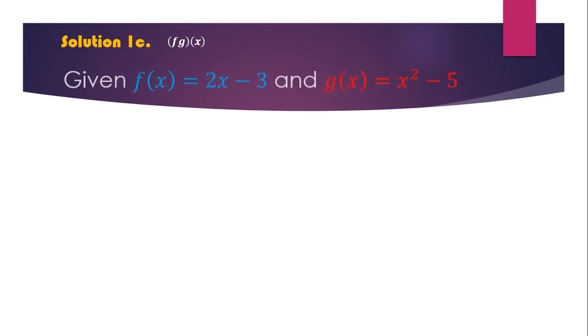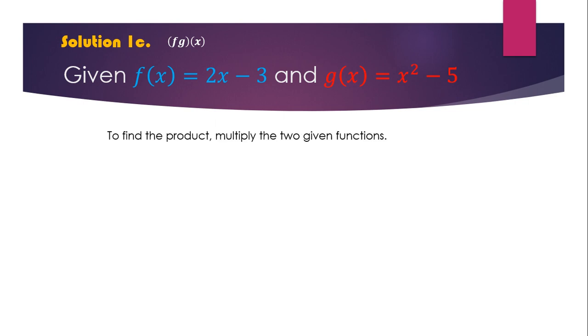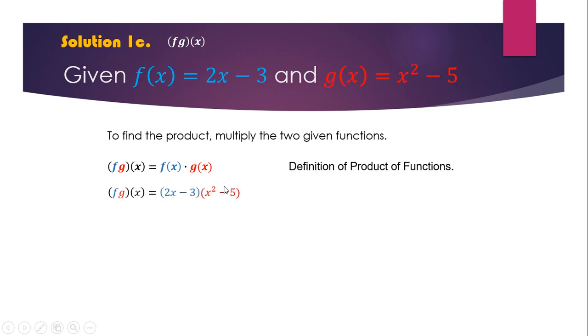So let us proceed to letter C, which is finding the product of the two given functions, f of x and g of x. So to find the product, multiply the two given functions, wherein quantity f g of x is just equal to f of x times g of x. Then substitute the given values of f of x and g of x.